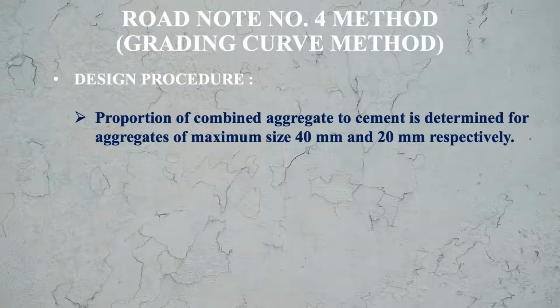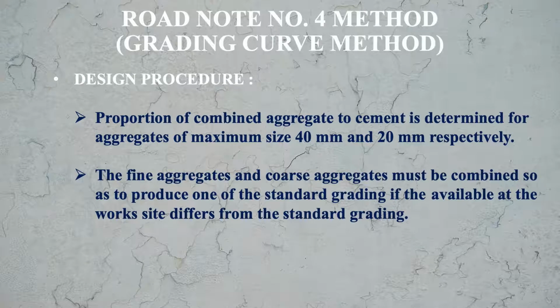Now step 3 is the proportion of combined aggregate to cement, determined for aggregates of maximum size 40 mm and 20 mm respectively. Then the fine aggregates and coarse aggregates must be combined so as to produce one of the standard gradings if the aggregates available at work site differ from the standard grade.